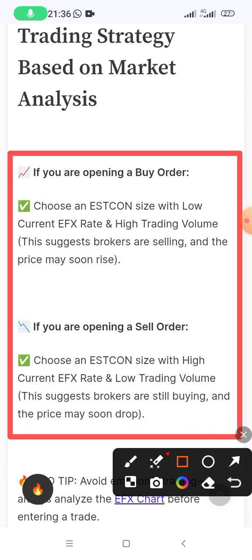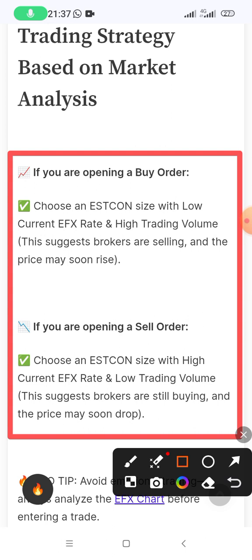It says, if you are opening a buy order, choose an Estcon size with low current EFX rates and high trading volume. What it suggests is that brokers are selling and the price may soon rise. Then if you are opening a sell order, choose an Estcon size with high current EFX rate and low trading volume.